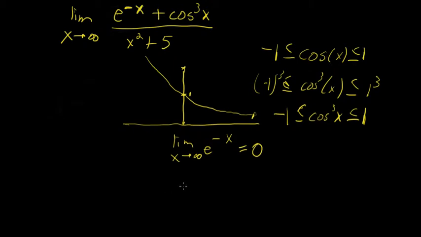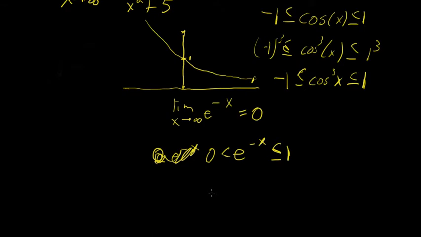So for positive numbers including 0, e to the minus x is going to have a high of 1 at x equal to 0, but as x approaches infinity, it'll approach 0 but never really be 0. That's why we have a less than sign rather than a less than or equal to sign.